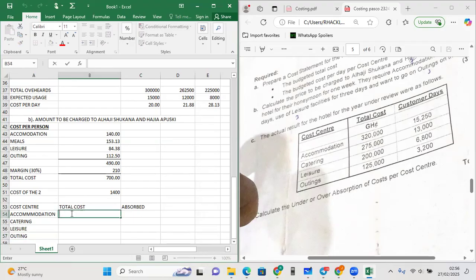Total is actually 20,000, just entering all this package. Then 375.